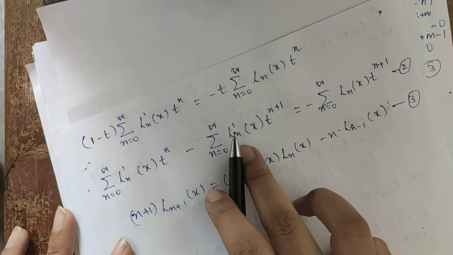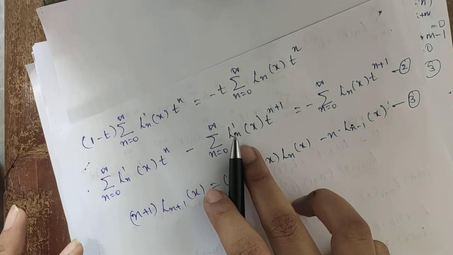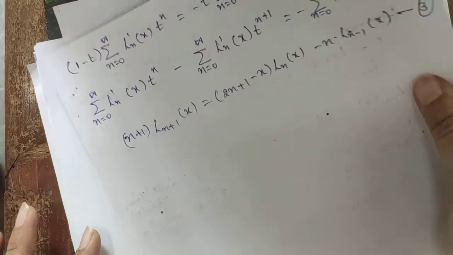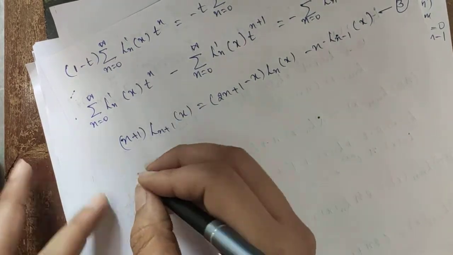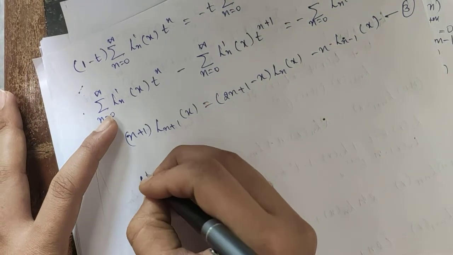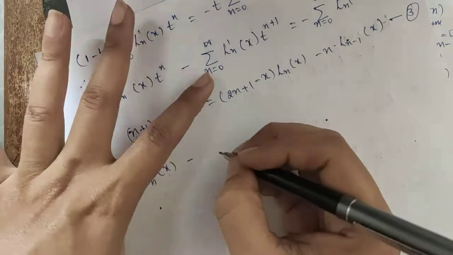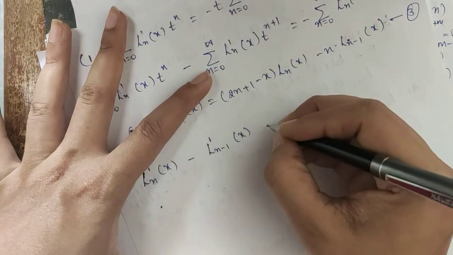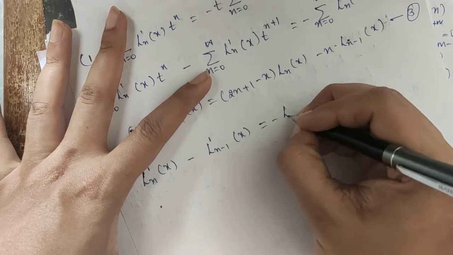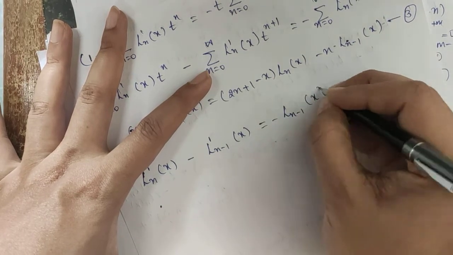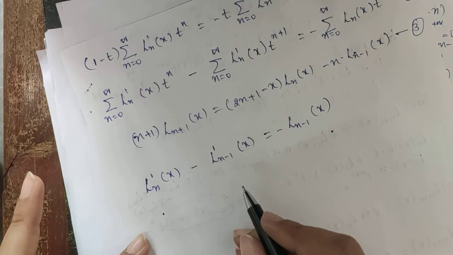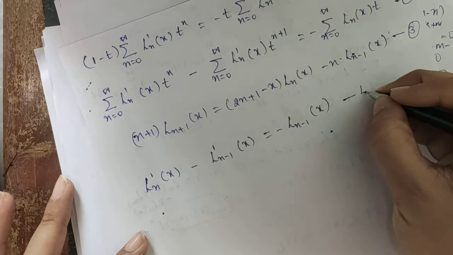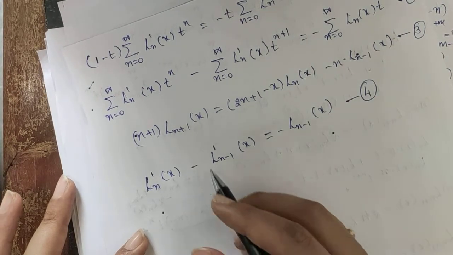So now from 2 I will just equate the coefficient of t power n. If I consider the coefficient, I will get ln dash of x minus ln minus 1 dash of x is equal to minus ln minus 1 of x. Okay. So this is nothing but equation number 4.